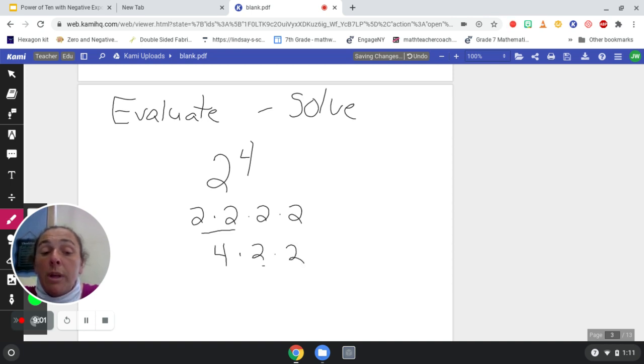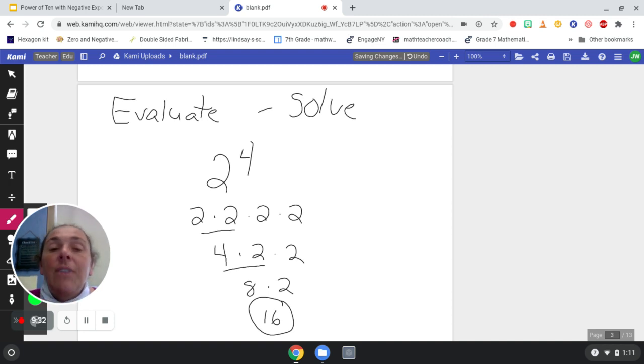Then I would multiply it by the third number, and then I would multiply it by my 4th number, which is 16. Now, what a lot of people want to do is just go 2 times 4 is 8. Well, that's not your answer. Because remember, the exponent tells me how many times I'm going to multiply the base number. So I'm going to multiply 2 4 times. So 2 times 2 times 2 times 2. Okay?